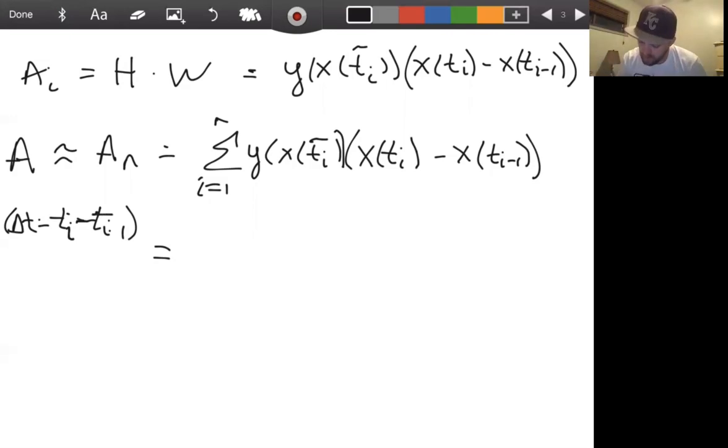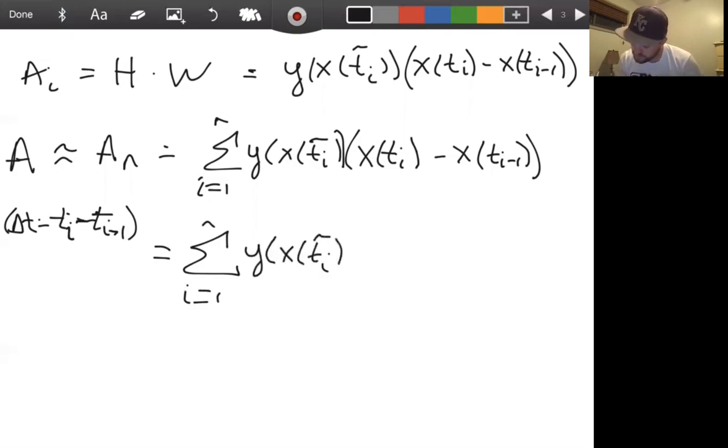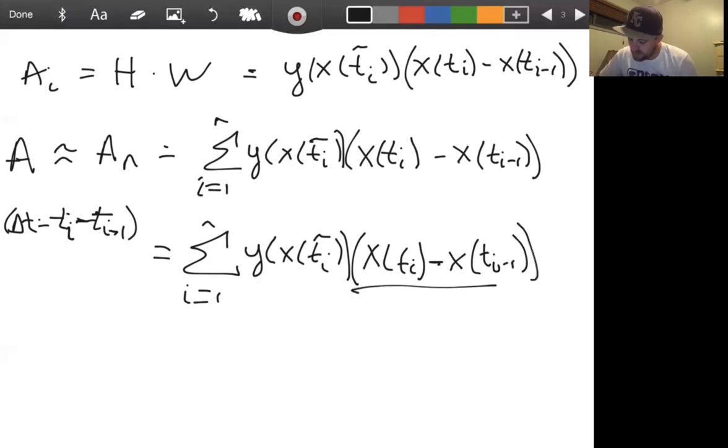And so if we multiply the top and bottom of each term by our change in t, we get the sum from 1 to n of y of x of ti tilde times x of ti minus x of ti minus 1, sorry, it's minus not product, over delta t, which is ti minus ti minus 1, and then times delta t, which is ti minus ti minus 1.